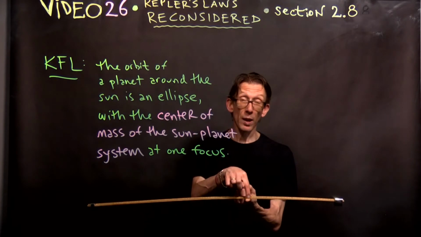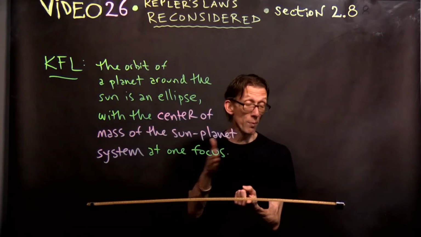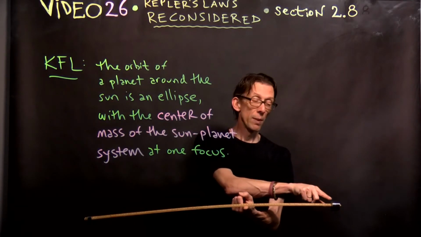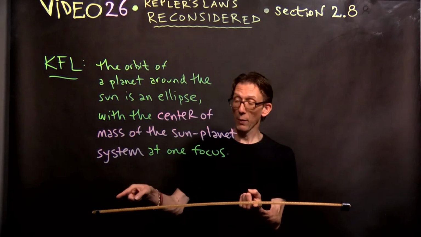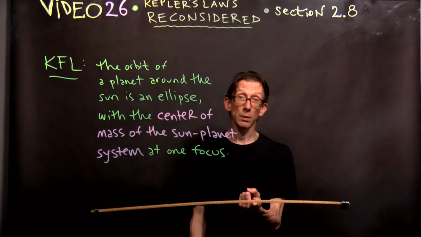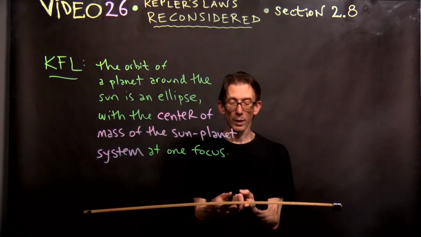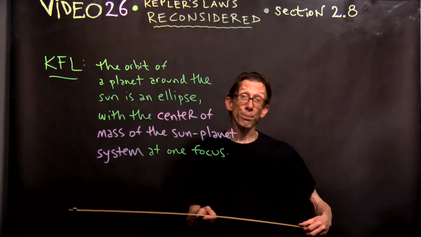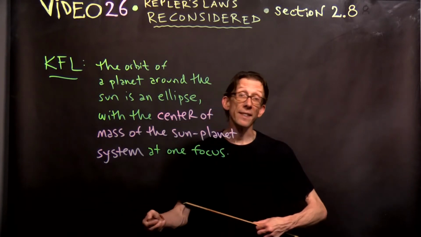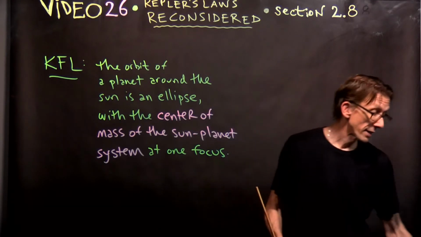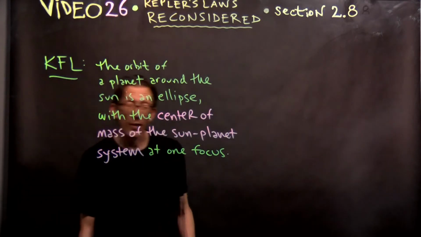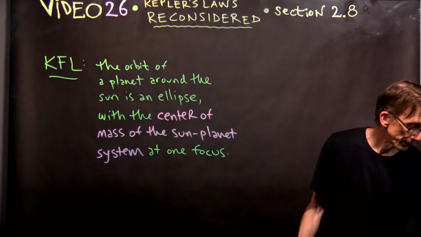This is a mass that's twice the mass of that one, so it's a two-mass system. My finger is at the center of mass of the two-mass system. And every planet-sun system has a center of mass. And that is what is located at a focus of the ellipse, not the sun itself. Let's draw a picture of that.